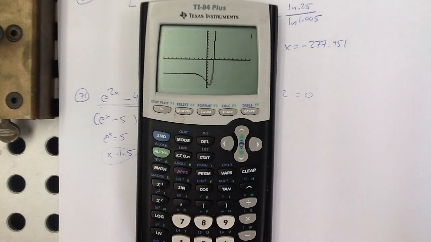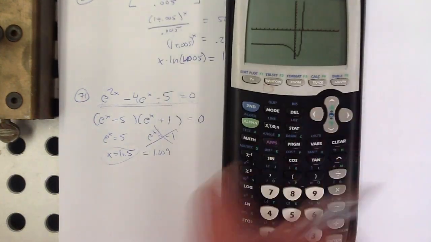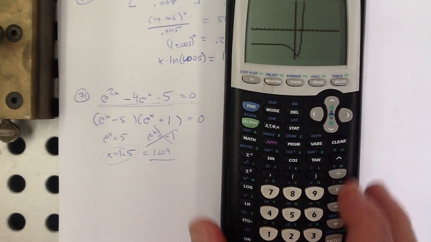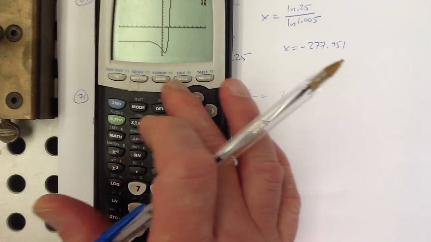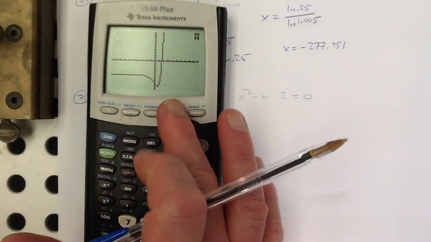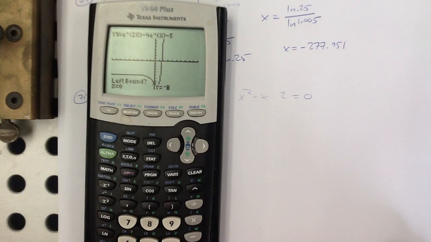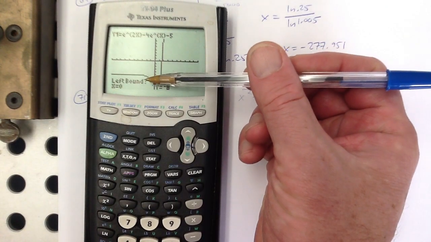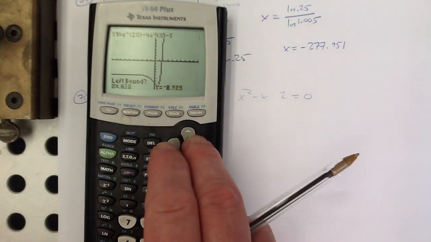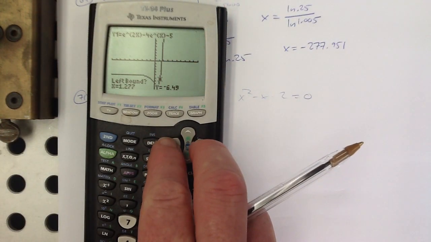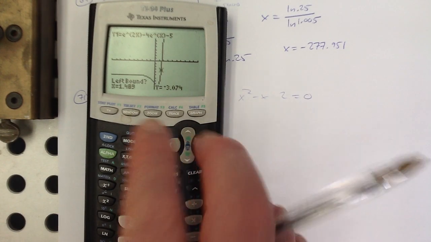Boom. So there's my answer. I already think that by doing it the other way that's going to be at 1.609. So let's see if I can find that zero. You go second, calculate, 0. Now the calculator is going to ask me for a left boundary and a right boundary. You can play this little cursor game and move it back and forth, but I don't like that game.